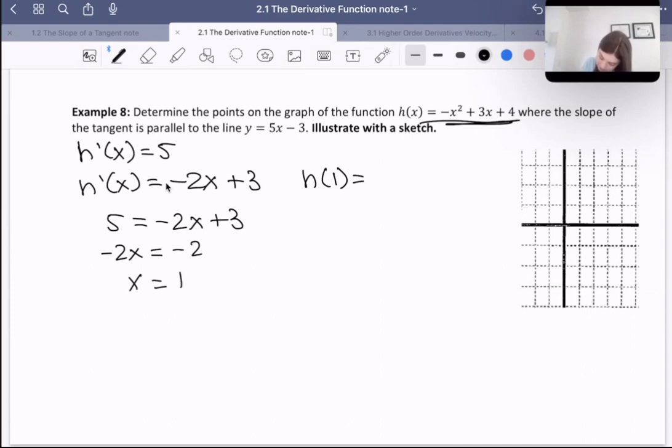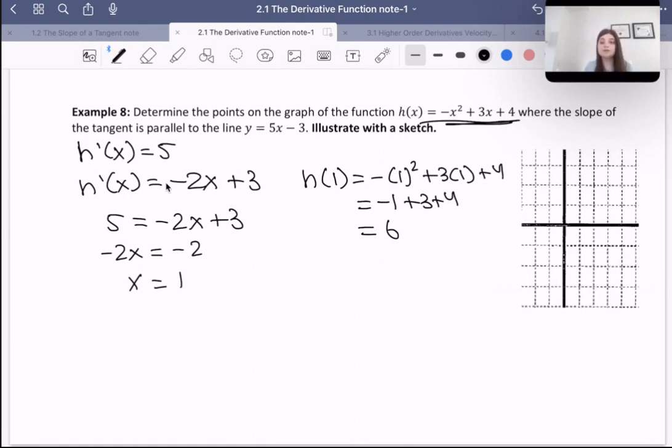Negative 1 squared plus 3 times 1 plus 4 is equal to negative 1 plus 3 plus 4, which is equal to 6. So there we go. So therefore, 1, 6 is the point on this graph where this function has a slope of 5.